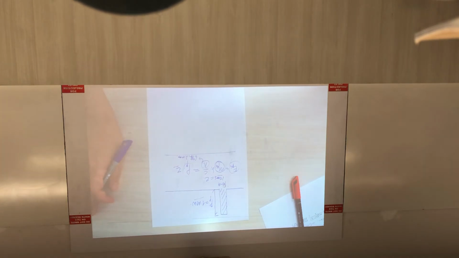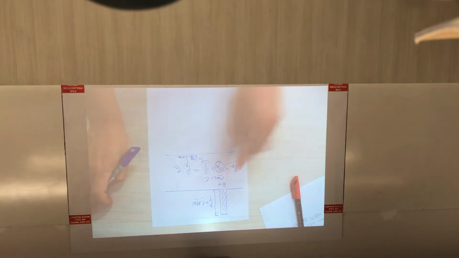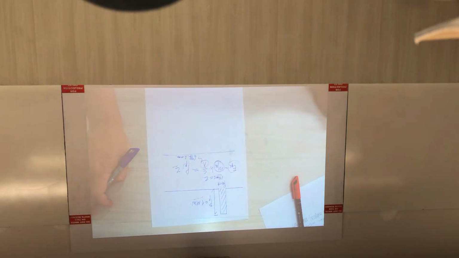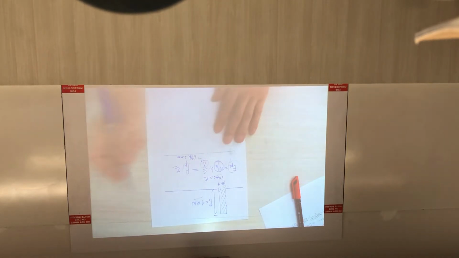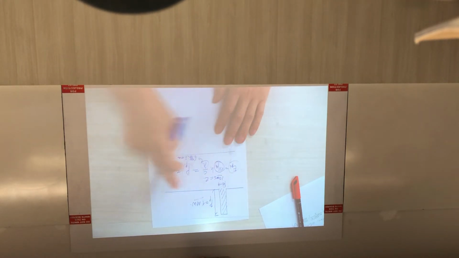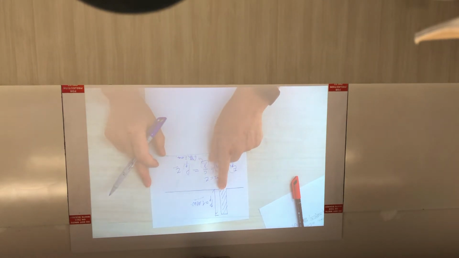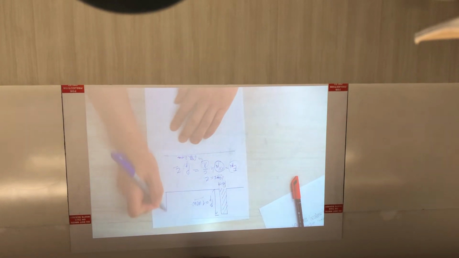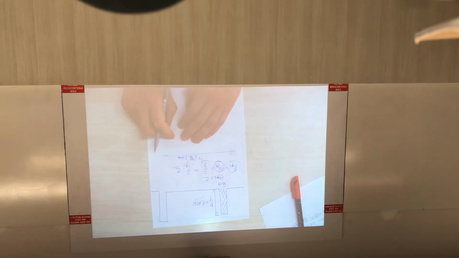Now, in the second question, it states that this pulse repeats at a frequency of 20 hertz. So in other words, along this time axis, this pulse appears repeatedly at every 20 hertz.